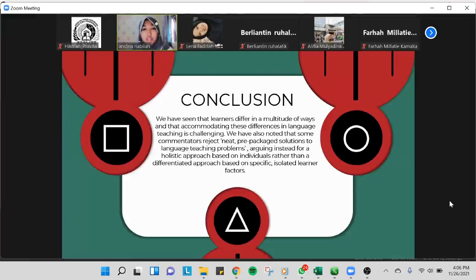So we have seen that learners differ in a multitude of ways and that accommodating this difference in language teaching is challenging. We have also noted that some commentators reject neat prepackaged solutions to language teachers' problems, arguing instead for a holistic approach based on individuals rather than a differentiated approach based on specific, isolated learner factors.